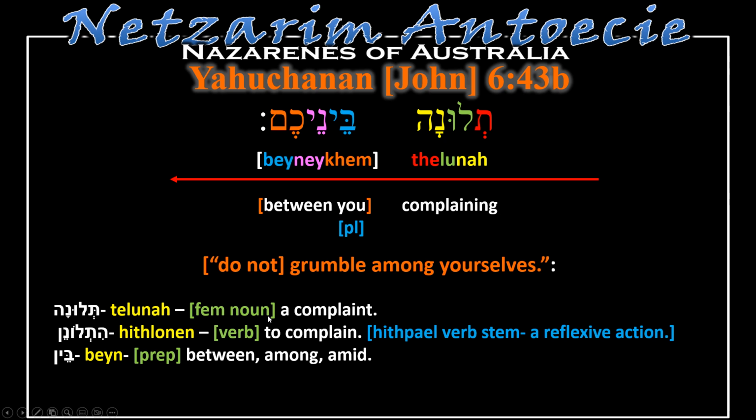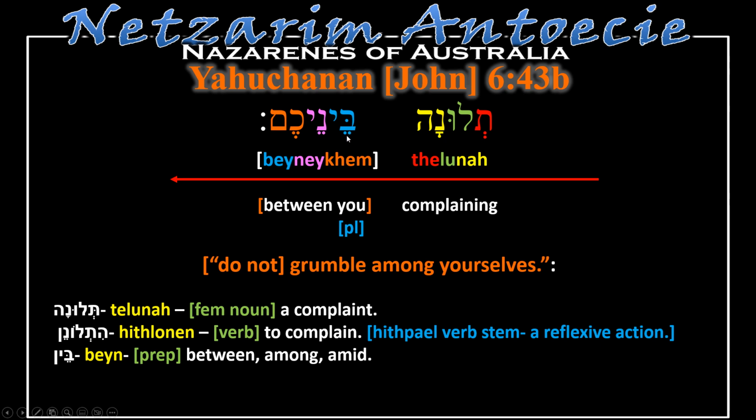It's a feminine noun and it means a complaint, but as a verb form, hitlonen, it's a verb to complain. And that one's a hitpael verb stem, which is a reflexive action. So this is more like we're using it as a participle form, teluna, complaining. And you could probably put there, like here, do not grumble or do not complain.